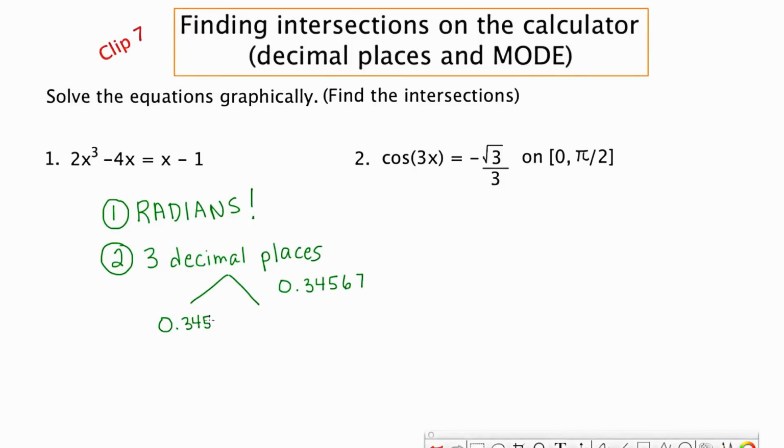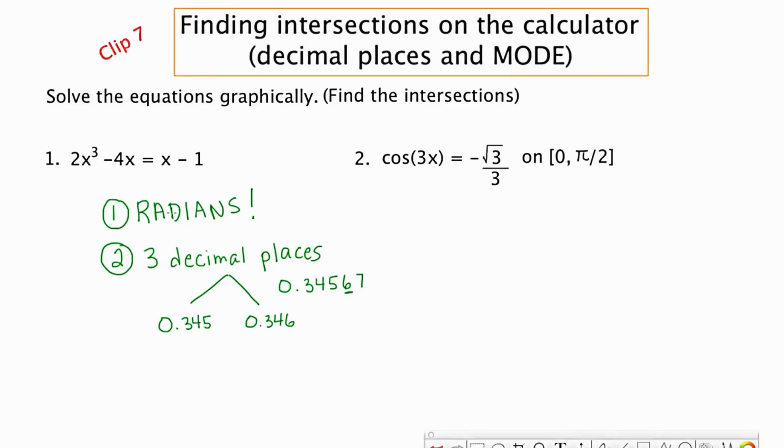And this would be a perfectly acceptable answer for this decimal response on your calculator. If, on the other hand, you chose to round, you'd have to look at the 4th value after the decimal point and decide accordingly whether to leave it alone or round up. So another option in this case would be 0.346. Either one of these examples would be acceptable.